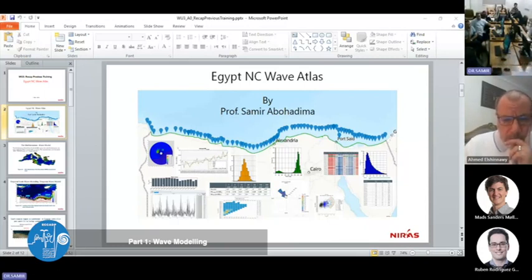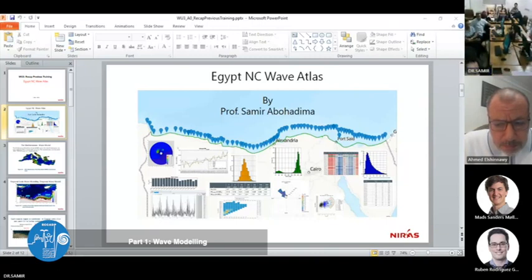We have 48 directions. We standardize the wave into 48 directions, and in every direction we divided it into 24 frequencies starting from 0.055, and the output for wave energy and wave action density.